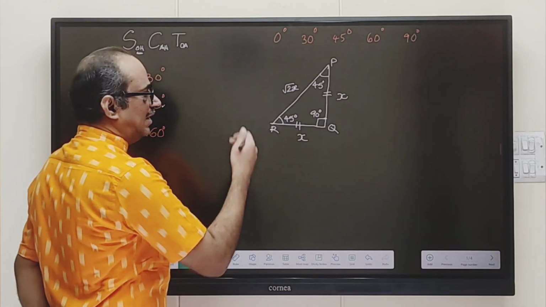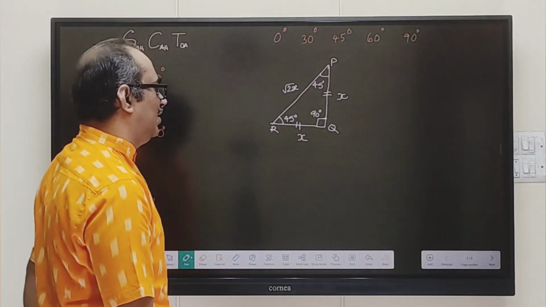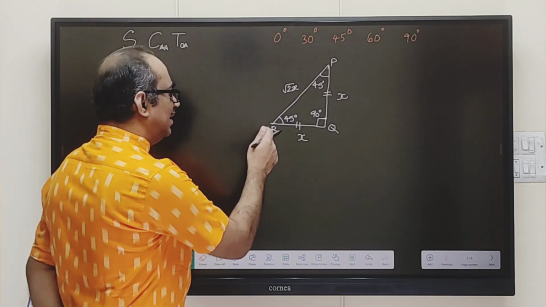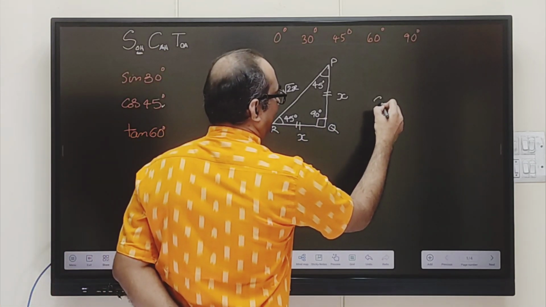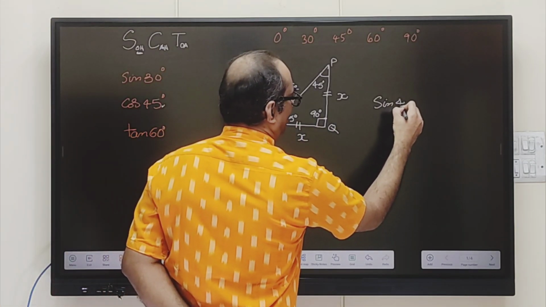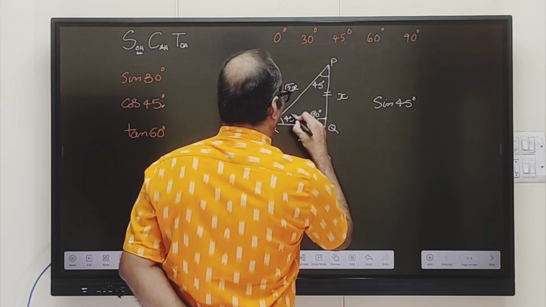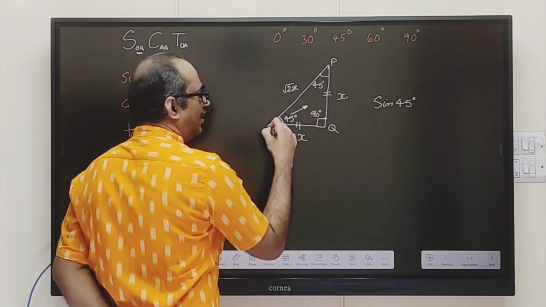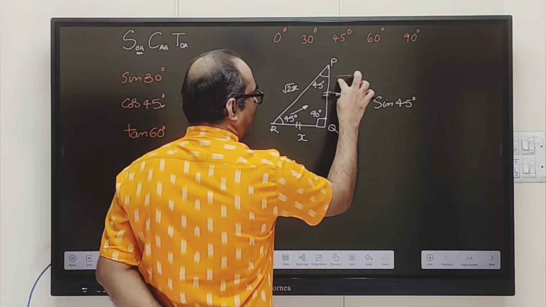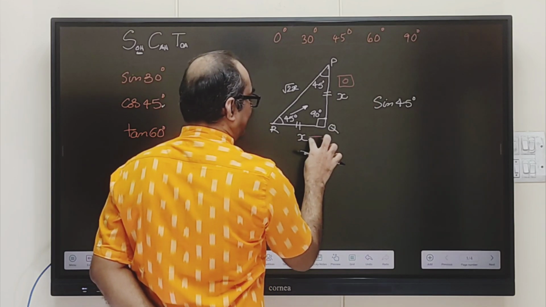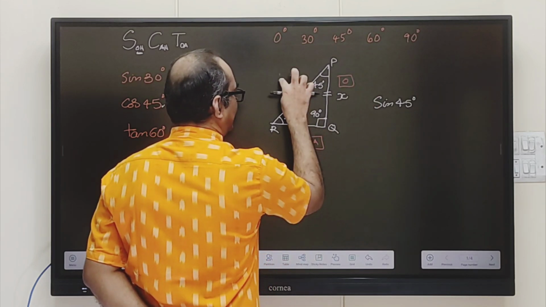Now we can easily find out sine 45, cos 45 and tan 45. Suppose we want sine 45, I can take from anywhere. Let us say I am looking from here: this is my opposite, this is my adjacent and the hypotenuse is here.